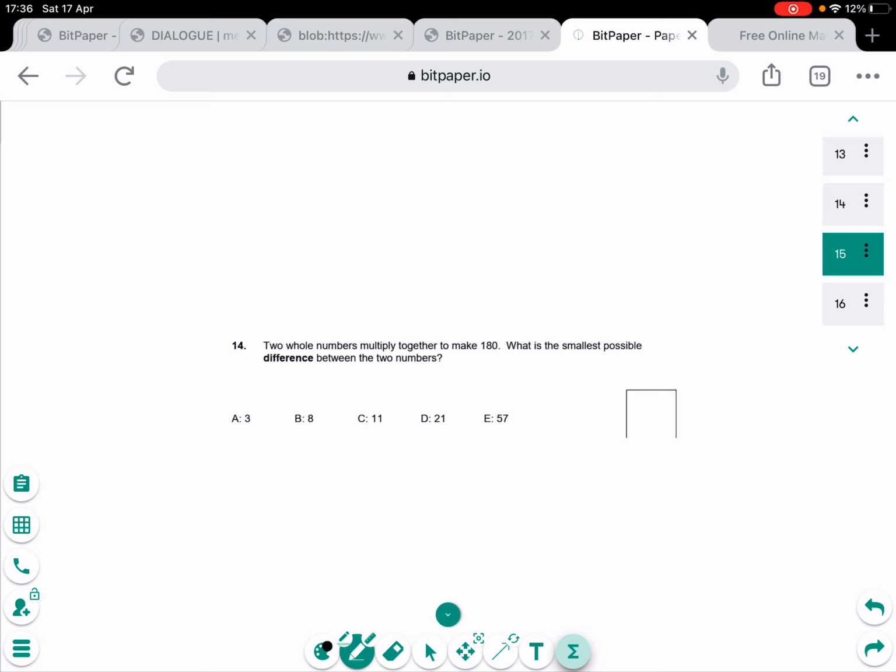2 whole numbers multiplied together to make 180. What is the smallest difference between the 2 numbers? So it's looking for the factors.